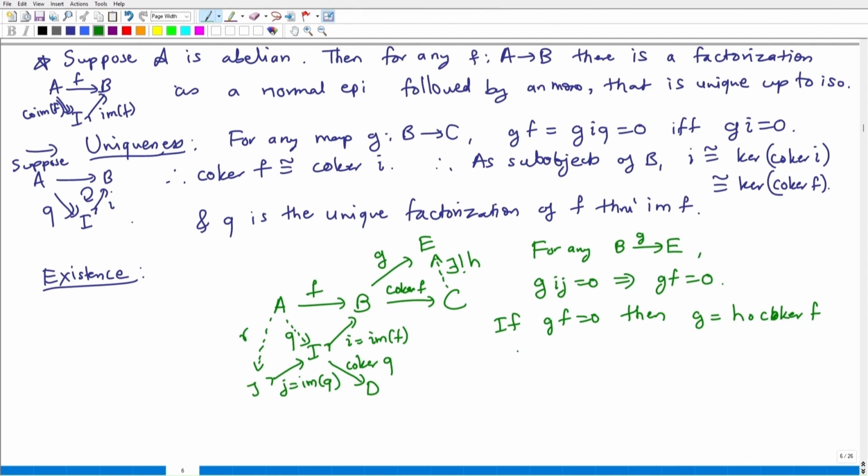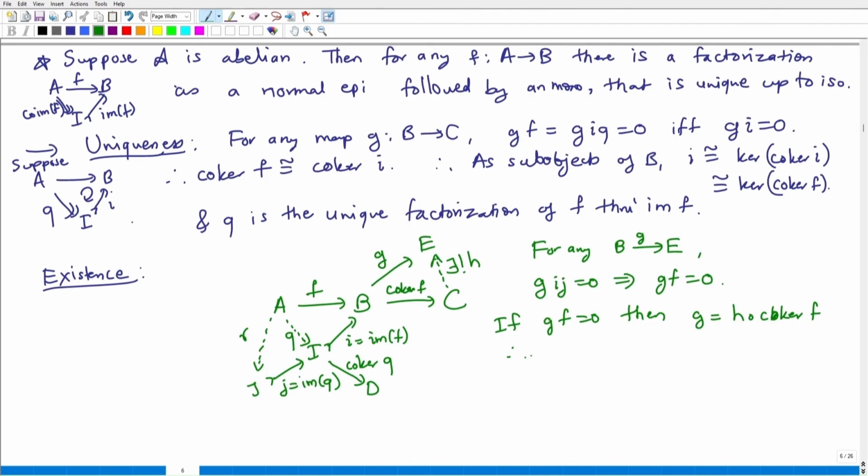H composed with co-kernel F. Co-kernel F is not co-kernel of IJ, but co-kernel F is same as co-kernel of I, because that's the image.